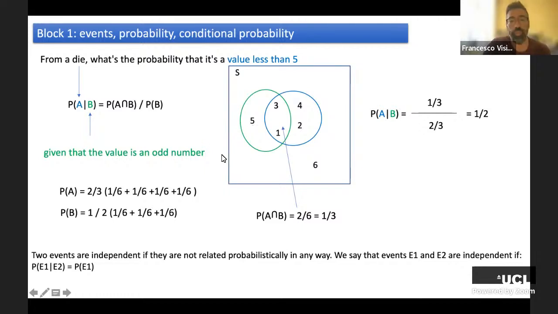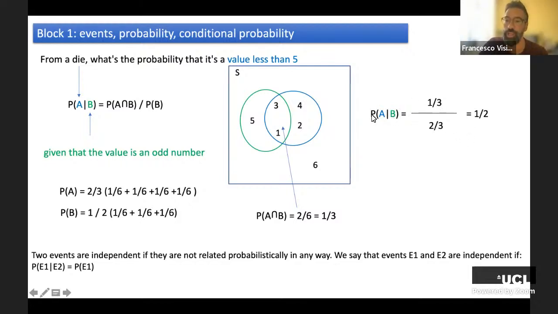If we calculate the conditional probability, we have to calculate the intersection, indicated by this upside-down U. So the probability of A intersect B is given by these two numbers at the end, so we have 2/6 as this probability. And having in mind the formulation we have shown before, it is 1/3 over 2/3.